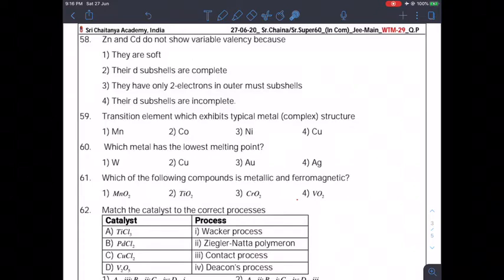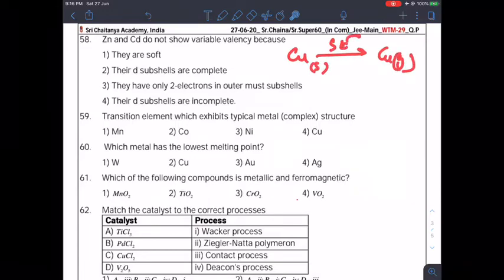That is true for zinc and cadmium, but otherwise you will say, sir, copper plus 1 also has D10, then why does copper plus 2 exist? Actually, when you talk about a solution, multiple energy terms are considered. When you go from copper to copper plus 2 aqueous, copper solid goes to copper gas first, so you have to consider the sublimation energy, then subsequent ionization from copper to copper plus 1, and then directly to copper plus 2.